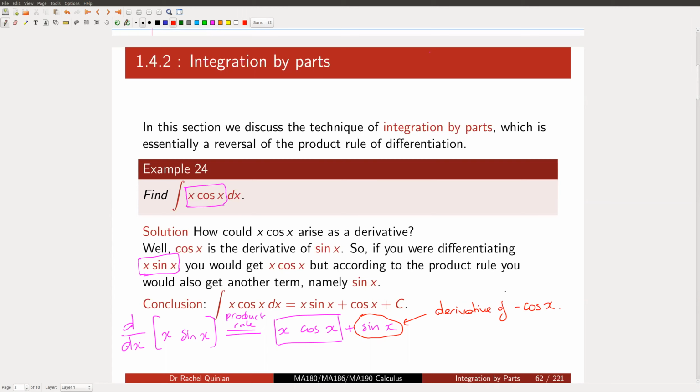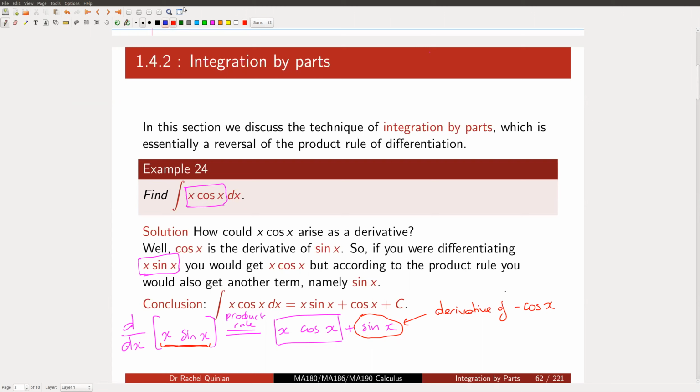We know that if we differentiate cosine, we get minus sine, so if we differentiate minus cosine, we should get sine. So if we take x sine x as our first guess for an answer and differentiate that, we get x cosine x plus sine x. In order to get rid of that sine x term that we don't want, we should add into our proposed solution something whose derivative is minus sine x, and that would be cosine x.